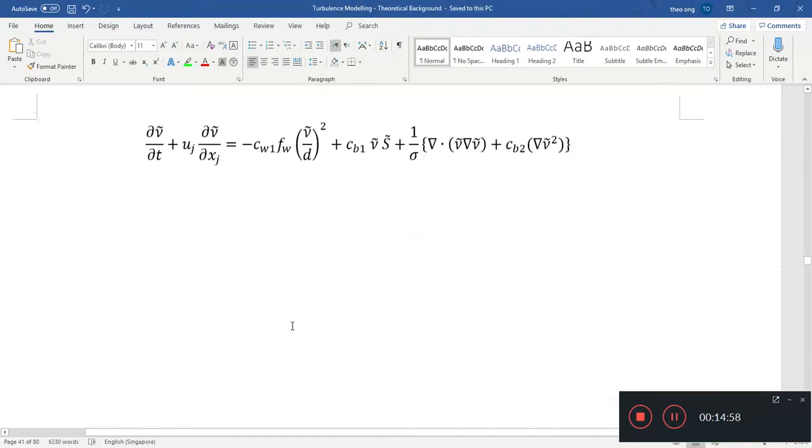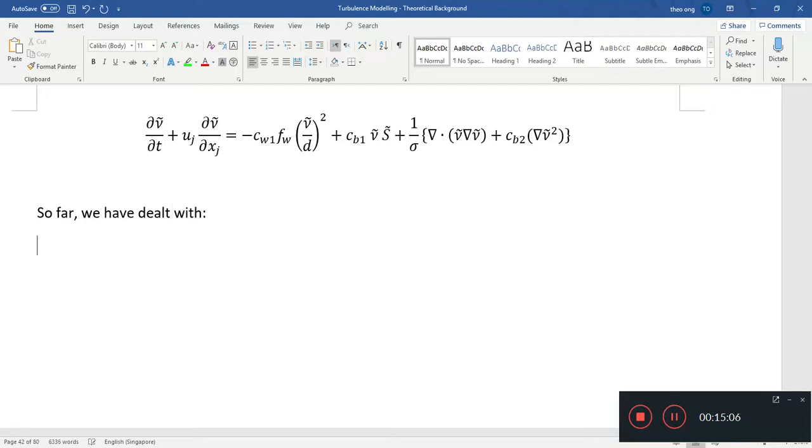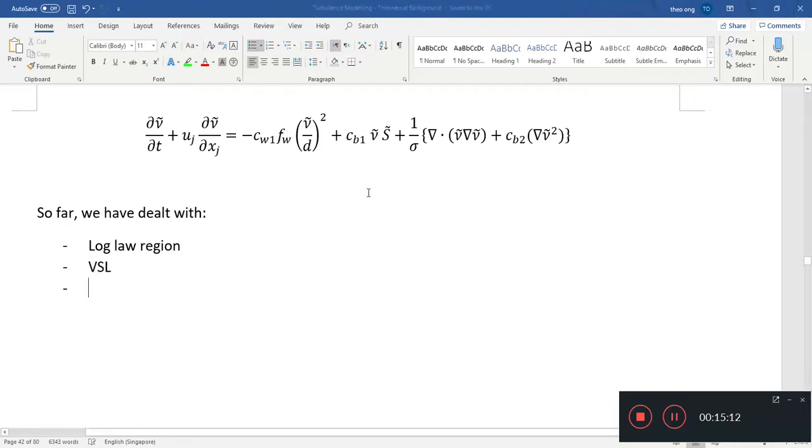So far we have dealt with the log law region, the viscous sublayer, and we also dealt with the bulk region. This is the bulk region.